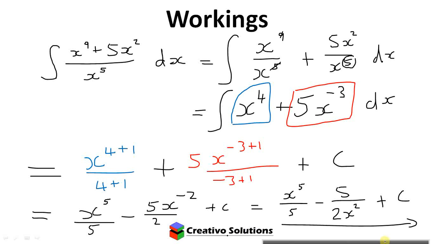Okay, cool. The example: solve dy over dx equals 3x squared minus 5.